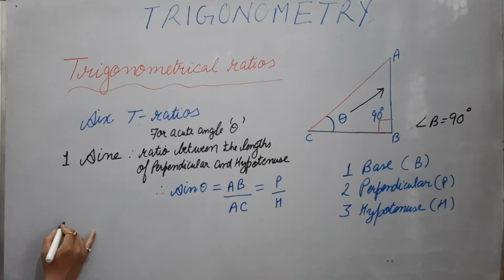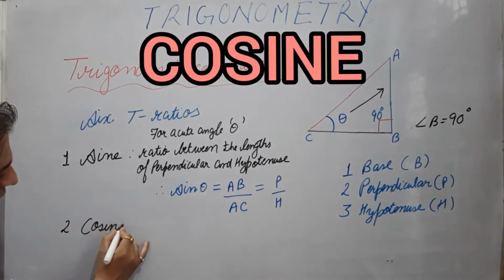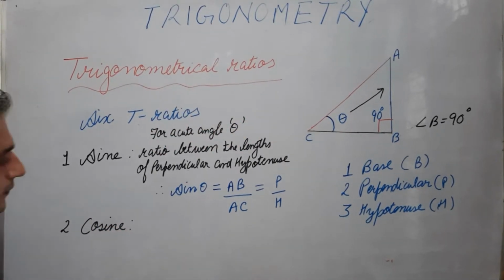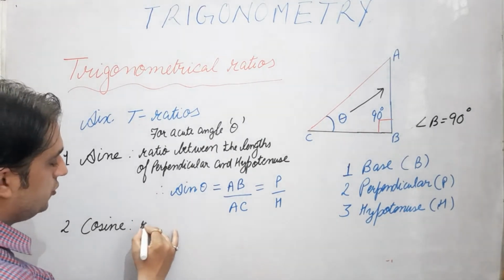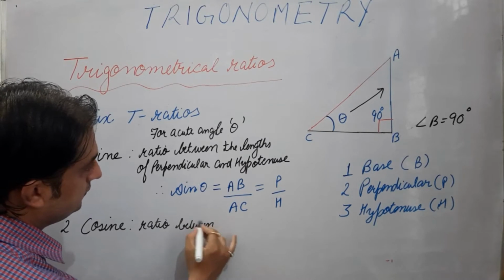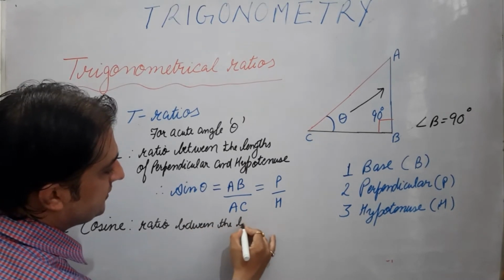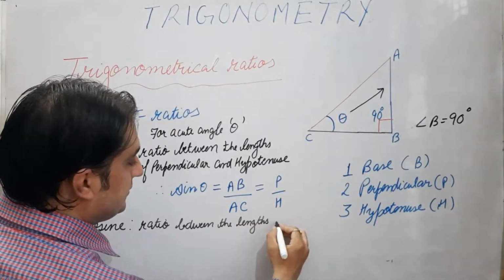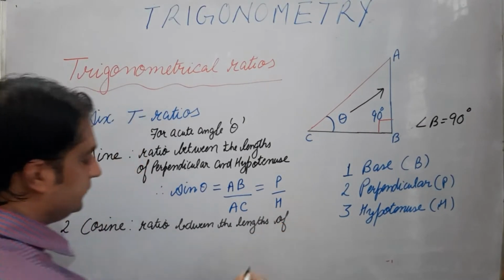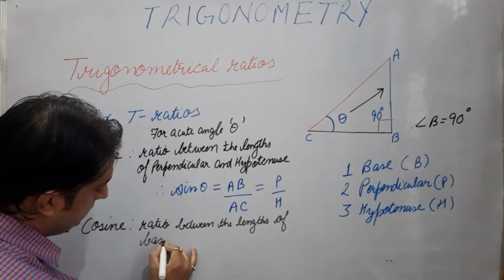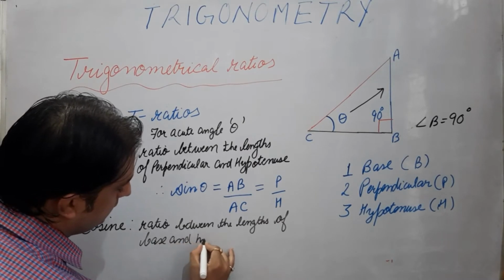Second T ratio is cosine. So cosine is again the ratio between the lengths. Length means the distance. Length of base and hypotenuse.